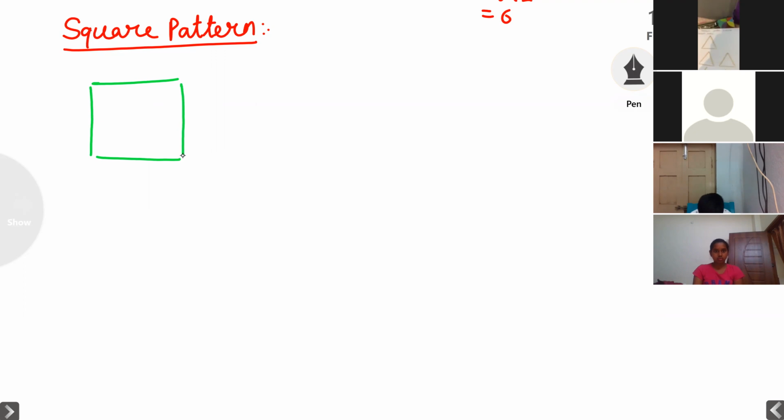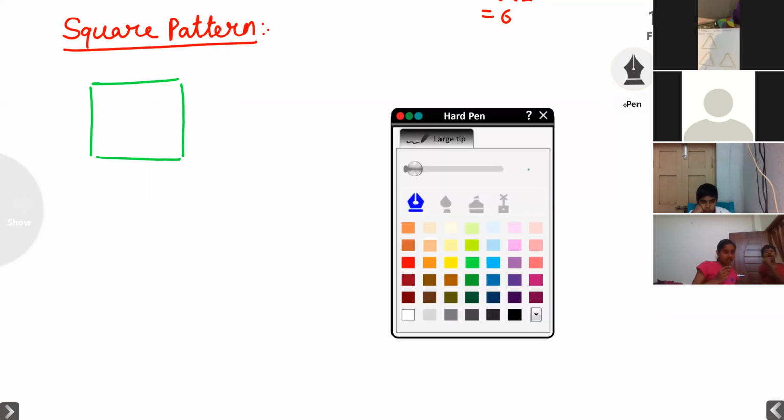One square completed. How many toothpicks are required? 4 toothpicks are required. Again, I want to give some gap. Again, I want to draw 2 squares.